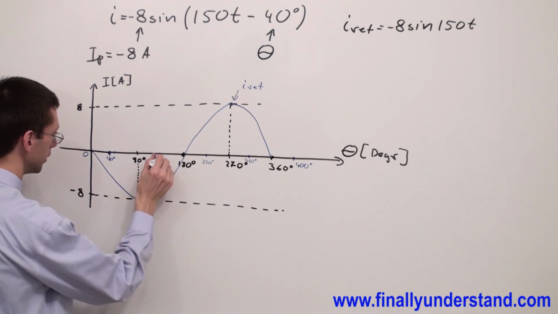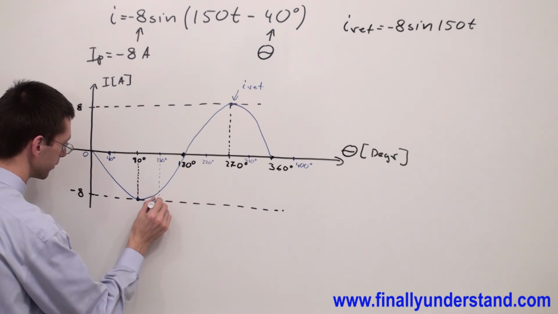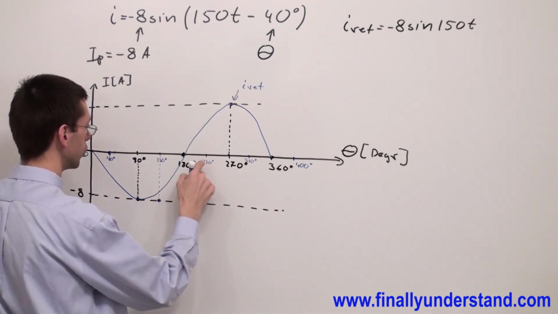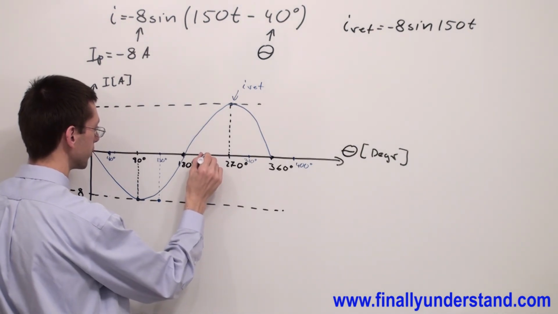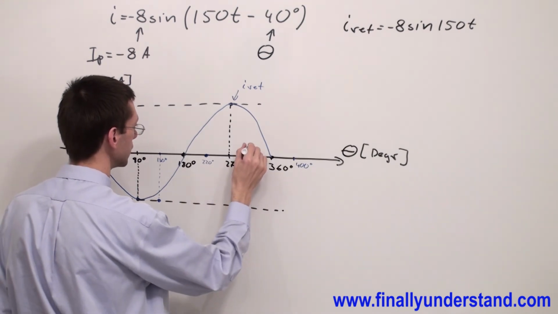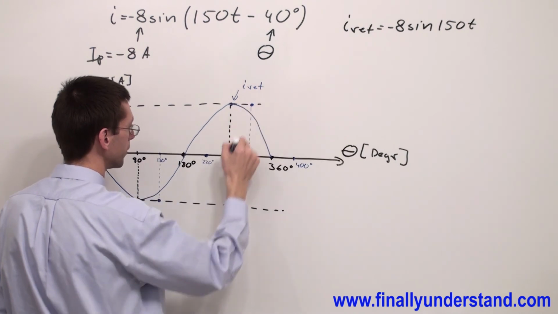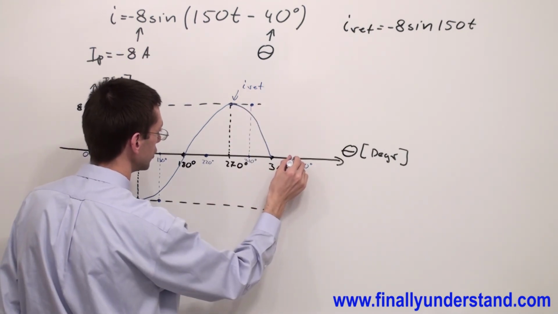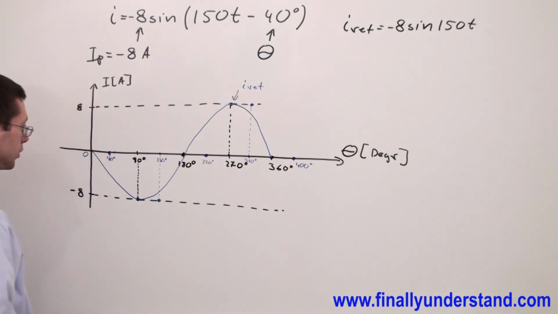My negative peak is going to be here. My positive going zero crossing is going to be at 220 degrees. My positive peak value is going to be at 310 degrees. My negative going zero crossing is going to be at 400 degrees.